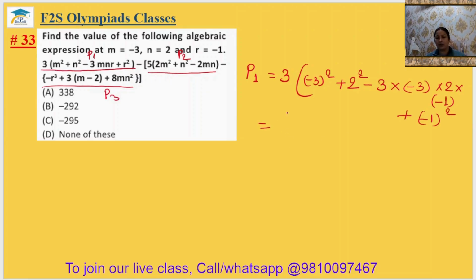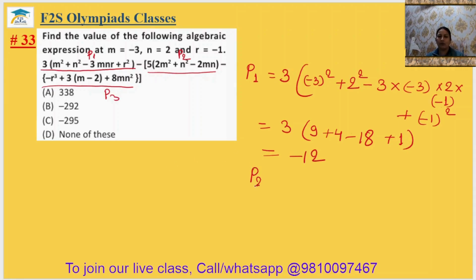After simplifying you will get 3 into 3 3s are 9 plus 2 2s are 4 minus minus plus minus, minus plus, and then minus minus, okay, 3 3s are 9, 2s are 18 and minus minus plus 1. After addition and subtraction and multiplying with 3 you will get it as minus 12, okay.